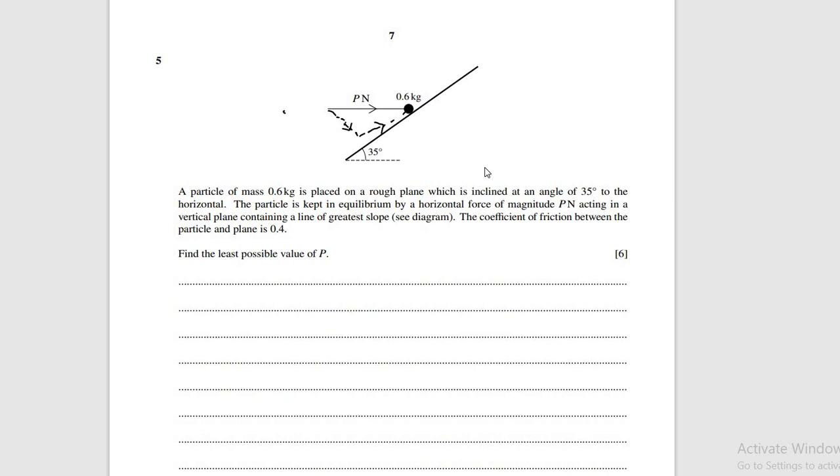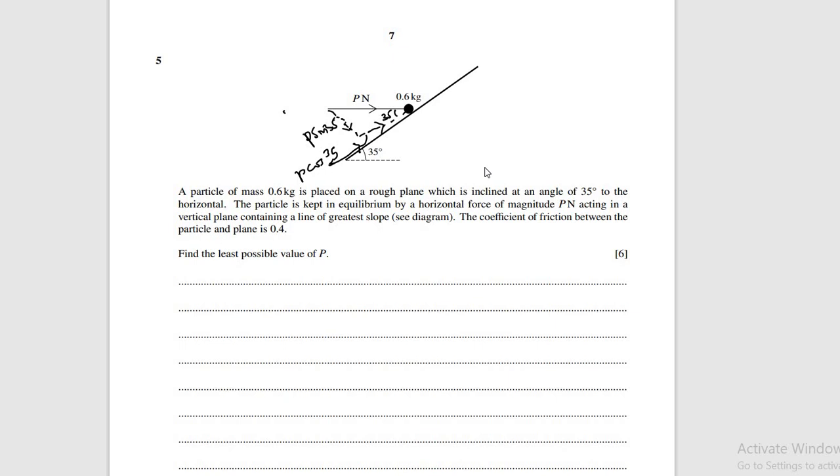When you resolve it vertically, you're going to have P sine 35. Horizontally, this is the horizontal part, you're going to have P cos 35. You can see the direction in which the horizontal is going.